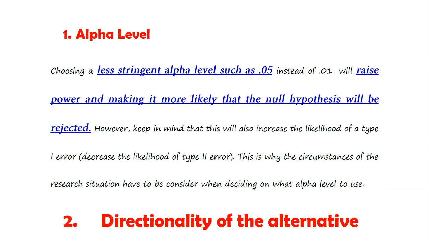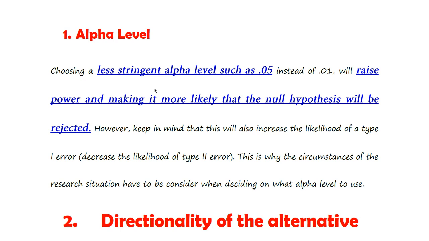First, alpha level. By choosing a less severe alpha level such as 0.05 instead of 0.01, this will raise the power of test, making it more likely that the null hypothesis will be rejected.